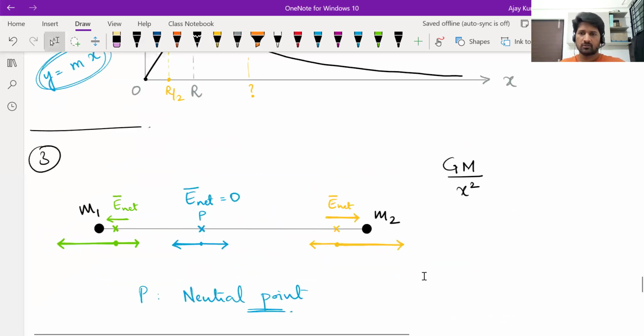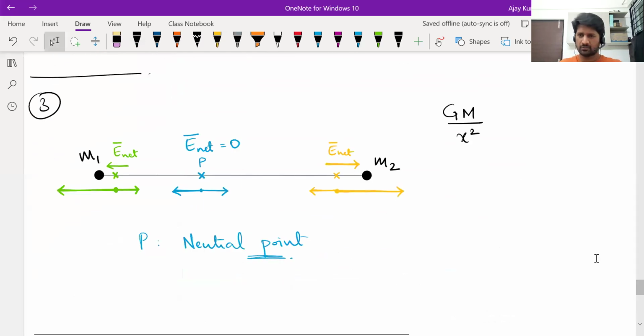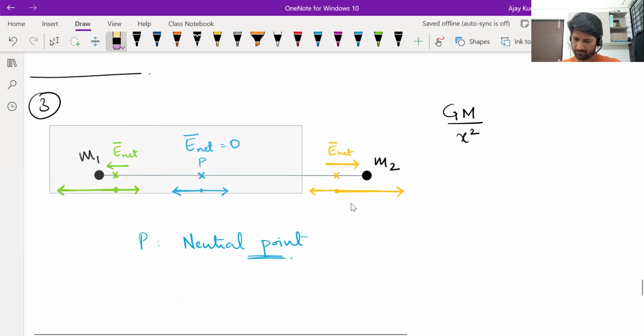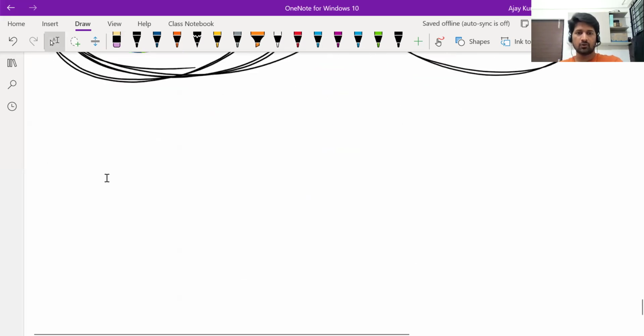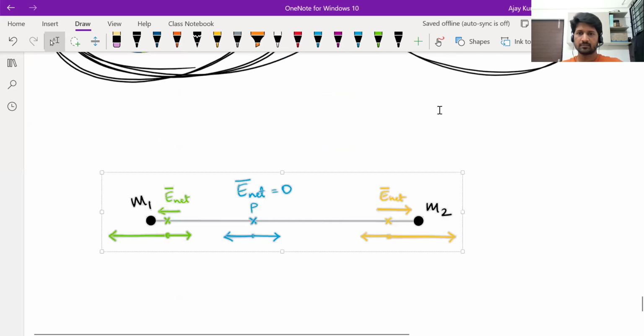Okay, so yeah, let's derive this. It will take 2-3 minutes more. Suppose there are two masses M1, M2. Along the line connecting these two masses, somewhere there will definitely be one position P where their fields balance. We have to find out where that position is, in terms of the total distance between the two masses.